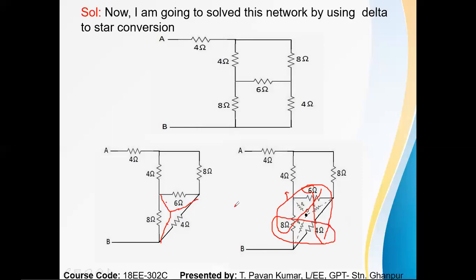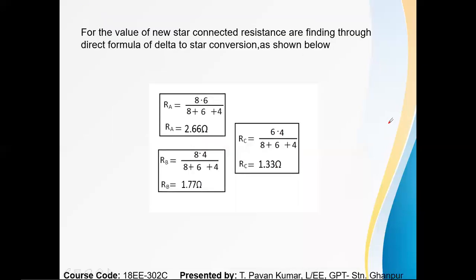Here I drew only figures, meaning networks. But what I am trying to say is, in our electrical circuits, theory is not the most important. The networks which you are drawing are very, very important, right? For finding RA, same. The values of the new star connected resistances are found through the direct formula of delta to star conversion, as shown in the figure below.